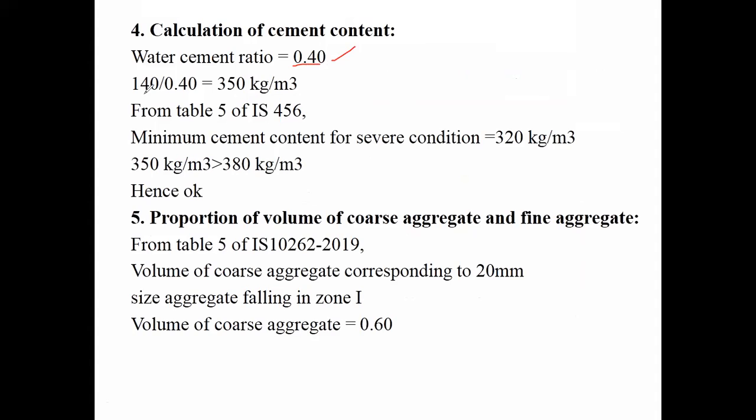You also found the water content as 140 liters. Water cement ratio means water divided by cementitious material. You know the water content, 140 liters, and dividing by this water cement ratio gives the cement content. I found the cement content as 350 kilograms per meter cube.